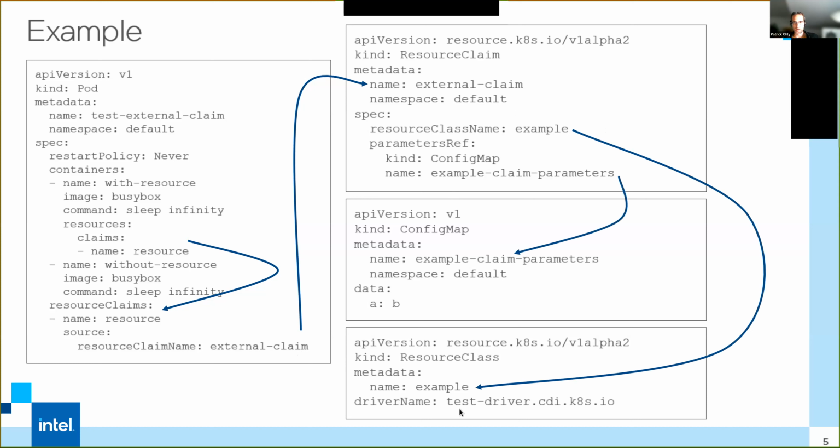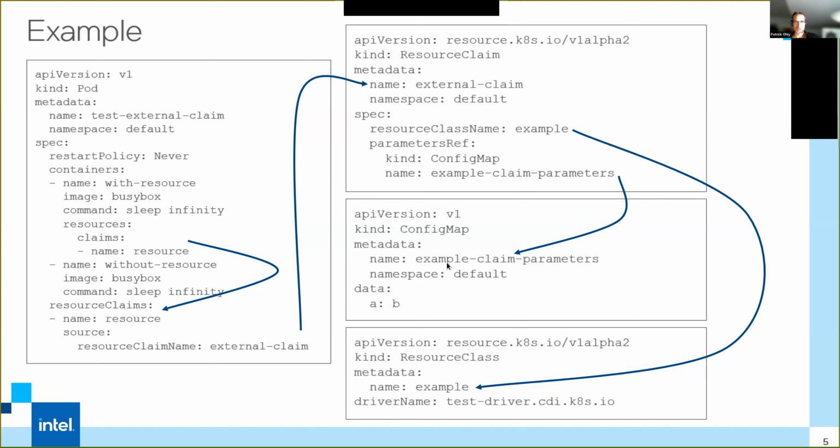And that's where we have the test driver. That is something that we have in tree to test out the array. So this example is also not that realistic in the sense that we are using a config map of predefined type to store parameters. And the resource claim, that's the last connection here that I just highlighted, is from the resource claim to the config map in this case.